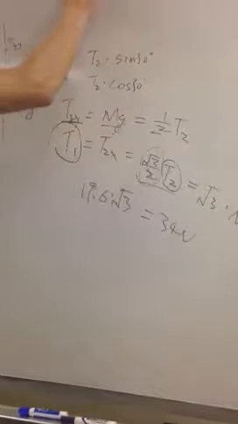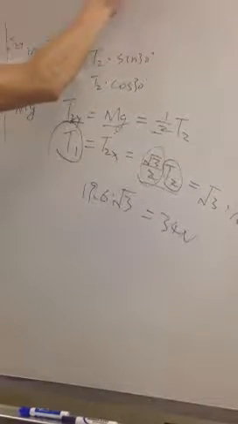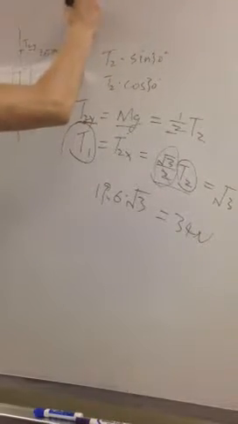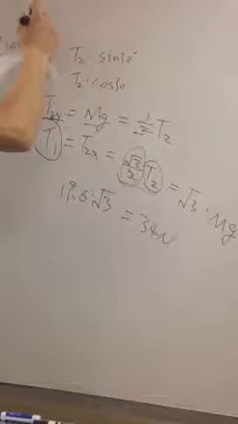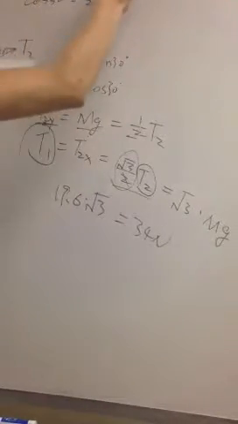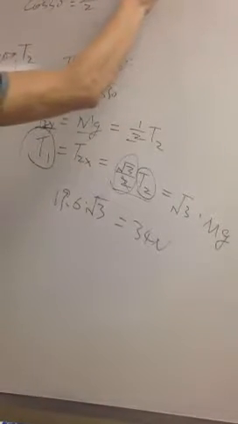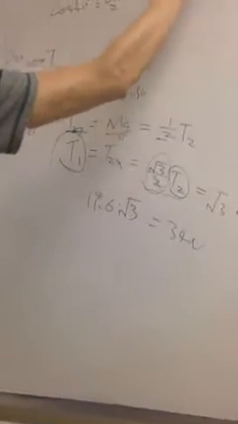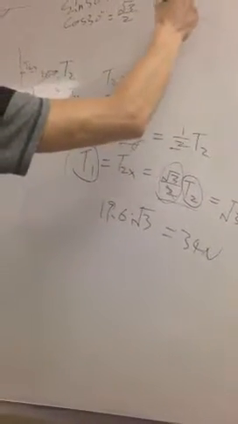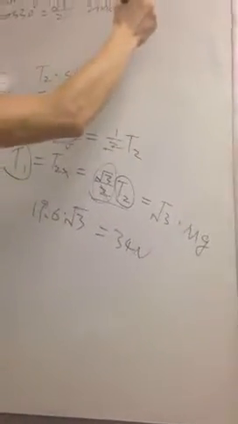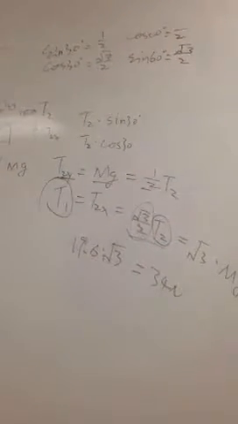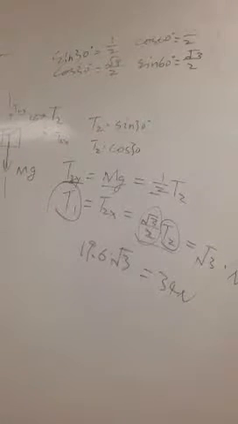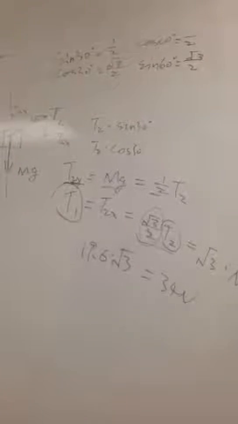Sine 30 is 1/2, and cosine 30 is square root 3 over 2, and from this you will know cosine 60 will be 1/2 and sine 60 will be this. So that's very common when you solve problems.